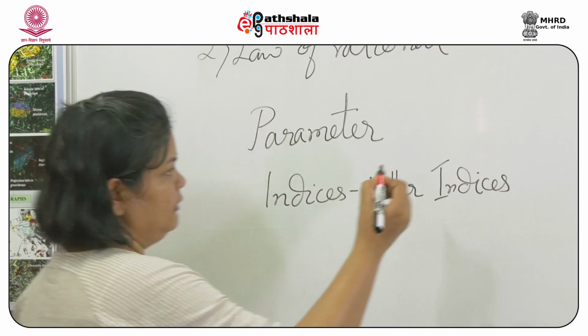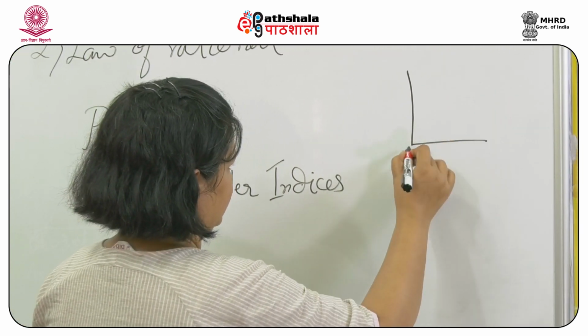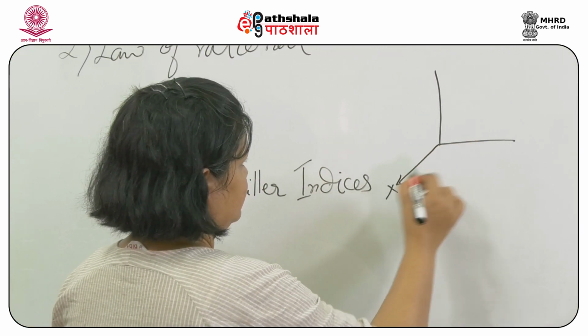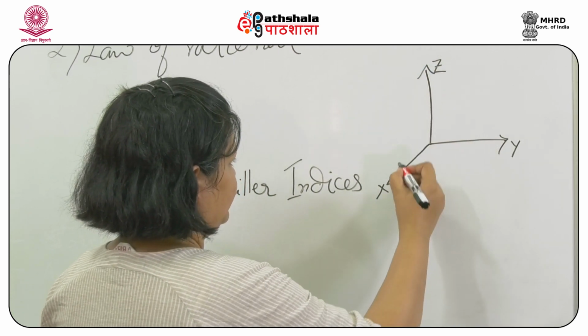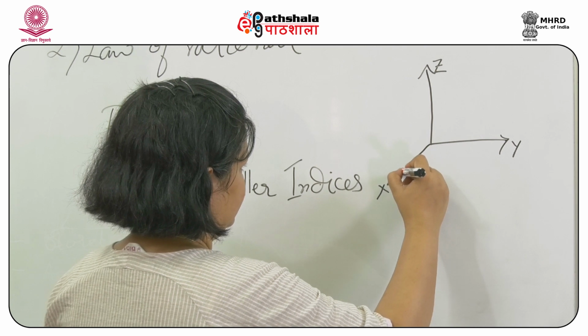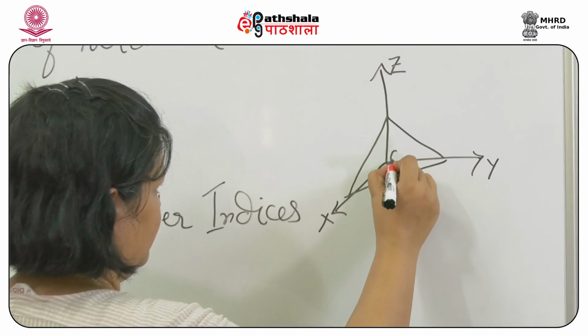Say for instance, we have three crystallographic axes, X, Y, and Z, and we have two crystal faces. The first one is this. This is O, the origin.